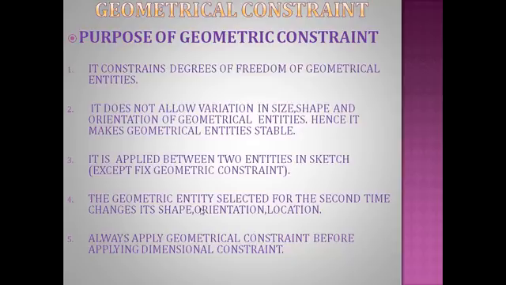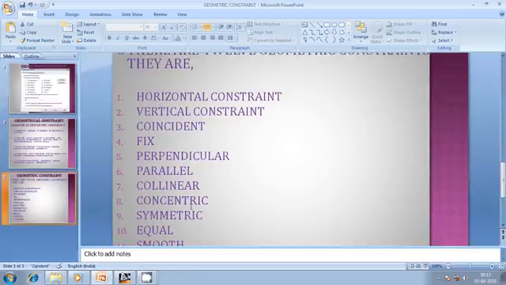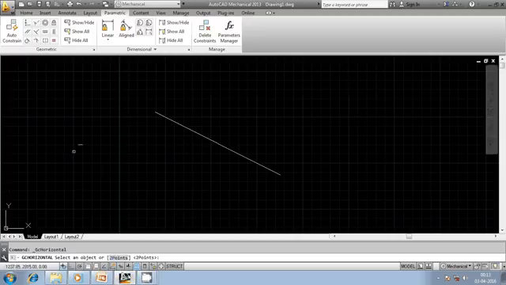It is highly impossible to control the shape. That is the reason always apply geometrical constraint. Later on you can apply the dimensional constraint. As we explained earlier, we have 12 different constraints: horizontal, vertical, coincident, fixed, perpendicular, parallel, collinear, concentric, symmetric, equal, smooth, and tangent.